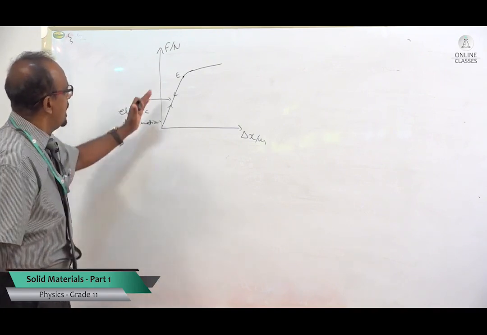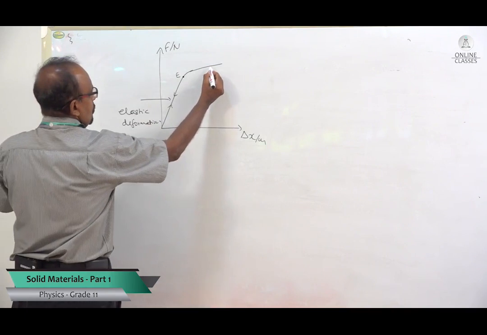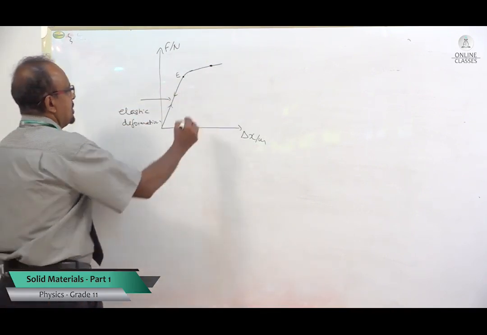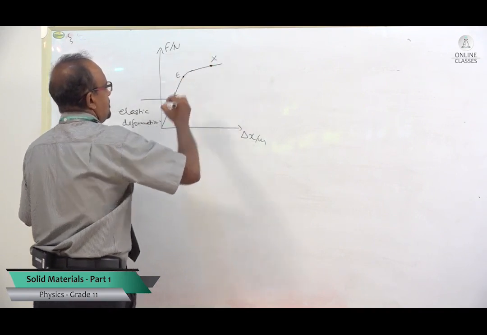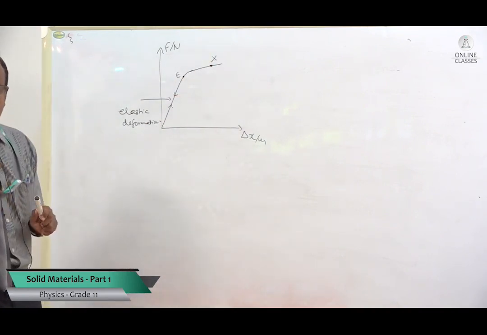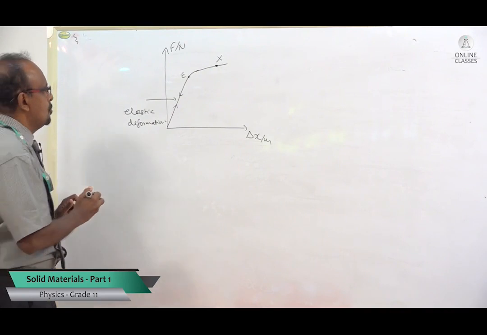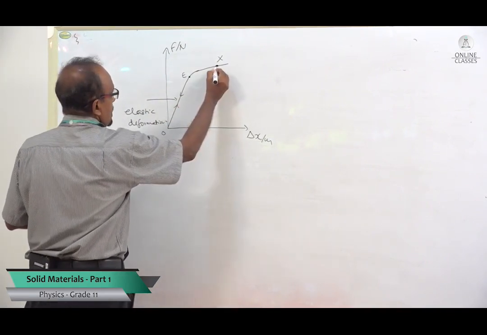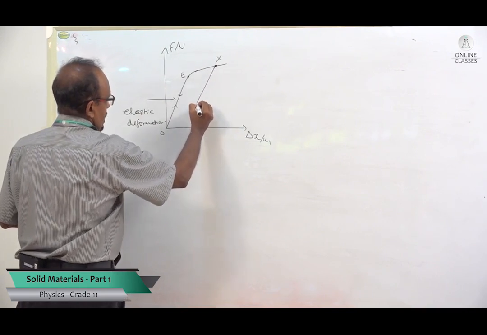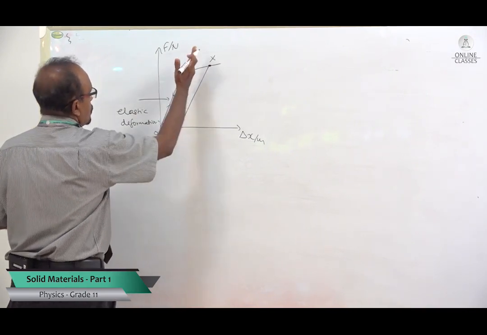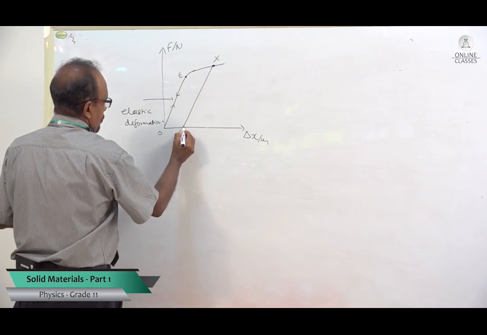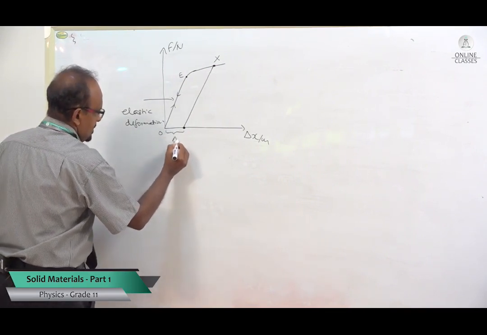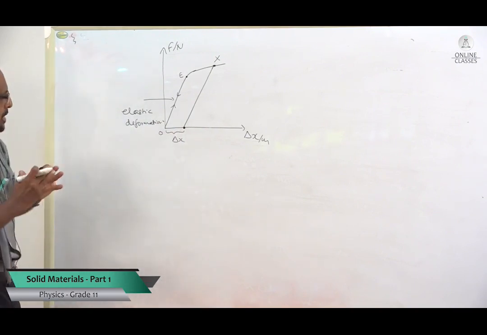After passing the elastic limit, say the material has gone to this position, the point I will denote as x, and then if you remove the force, it will not return to this position, it will return along a different path. It should be parallel to this, and when the force is completely removed, there will be a permanent extension.